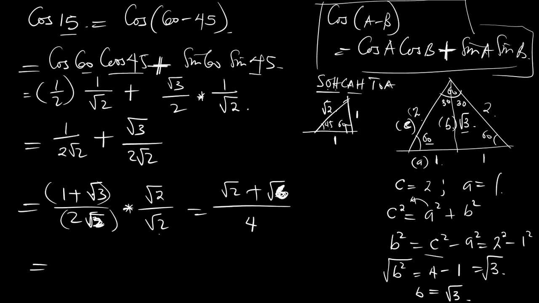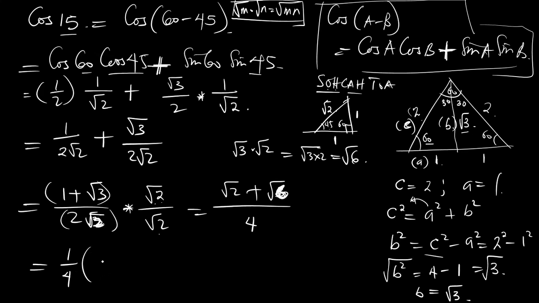Root 3 times root 2 is equal to root 6, according to the surd rule where the square root of n times the square root of m is equal to the square root of n times m. So this is the same thing as 1 all over 4 into square root of 2 plus square root of 6.